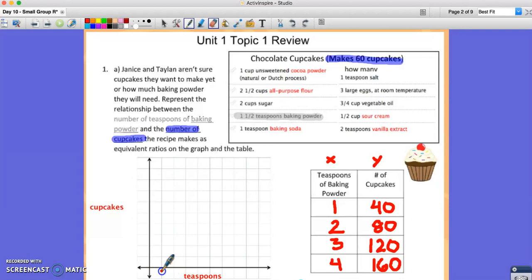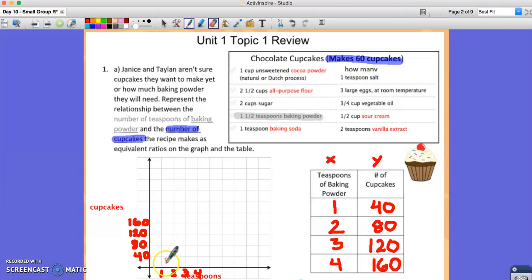For this case, to keep it simple, I'm going to go 1, 2, 3, 4. And for my cupcakes, I'm going to keep that same scale, going one box at a time, 40. Because if I do an unbalanced scale, my line is not going to look straight, and even though the points would be correct, the scale is going to be off, and it's not going to look proportional.